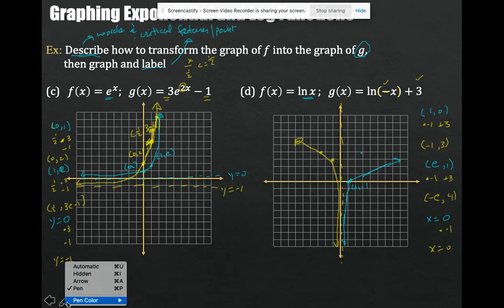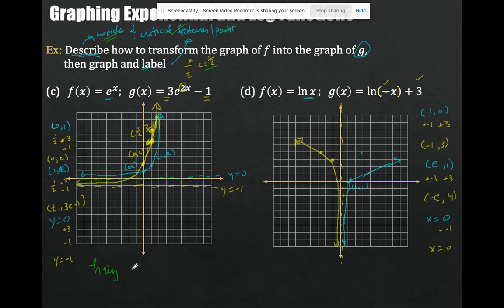Right now, the words, what happened? Right? Describe. So I graphed and labeled critical features, critical points. What did I not do? I didn't describe. I didn't do the words. So what did I do? Right? I had a horizontal stretch or shrink.